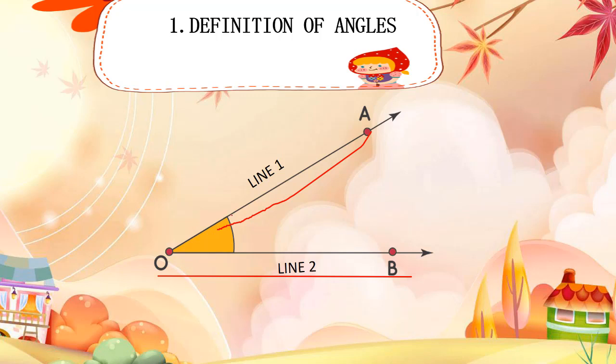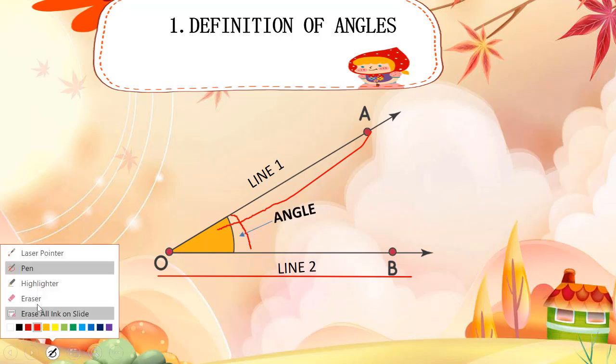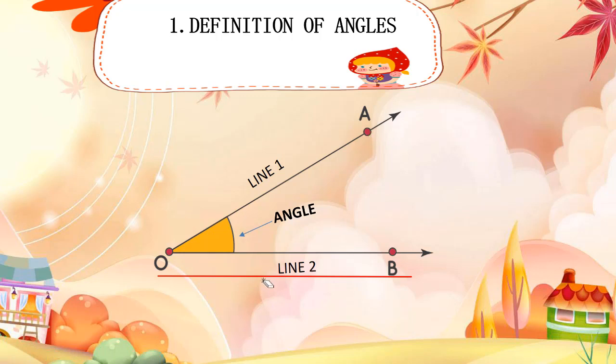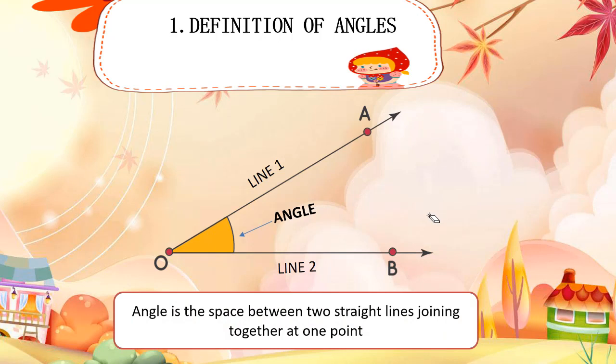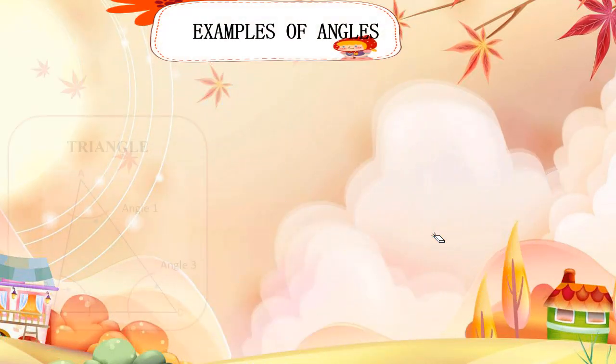So the space between two straight lines here, you call it an angle. So what is the definition of an angle? An angle is the space between two straight lines joining together at one point here. Yes? So let's have a look at examples of angles.